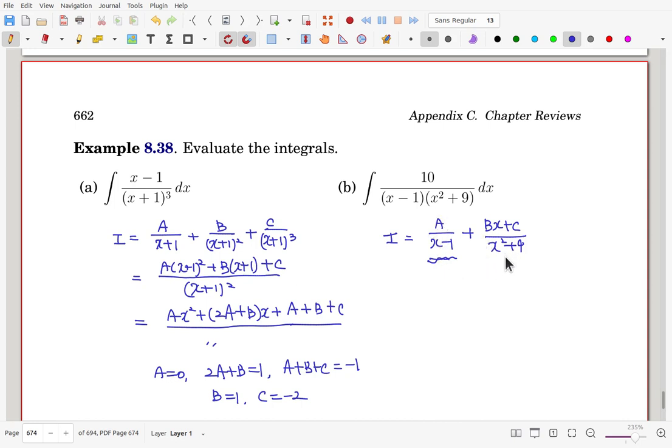For this one, you can separate out and do the integration, and it will make a logarithm of x squared plus 9 along with a coefficient. For this portion, with a change of variable, it is related to arctangent. So you can get the antiderivative for these things quite easily.